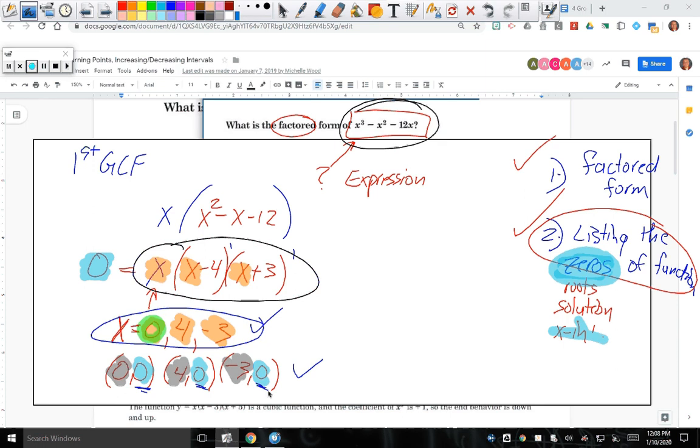Okay? So now let's go ahead and graph it. The first one that I'm going to graph from left to right is when x is equal to what? 0. What's the next one? Negative 3.